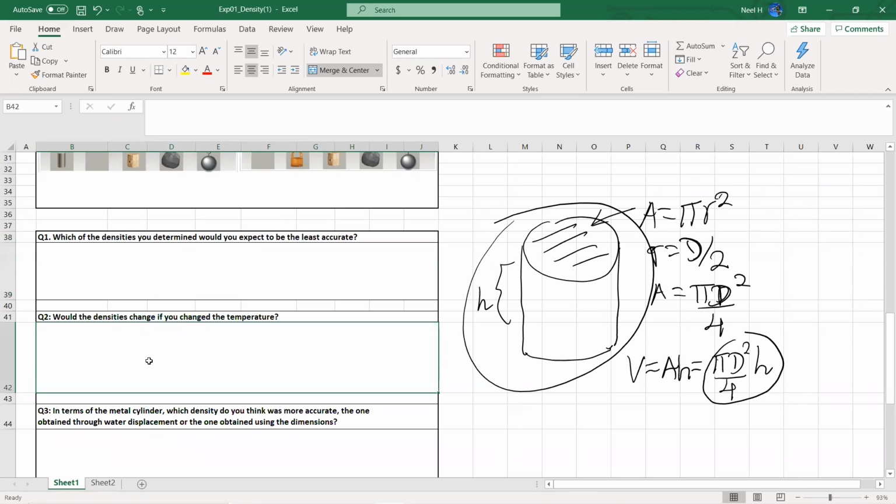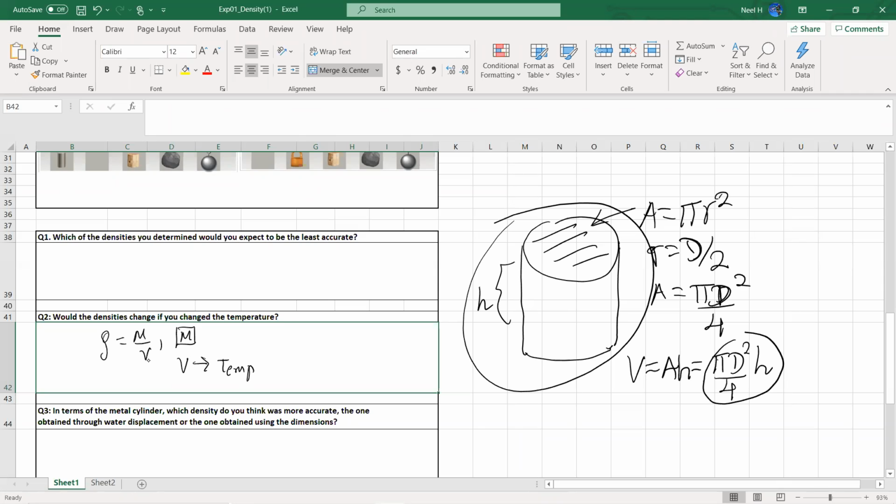And the next question asks, would the density change if the temperature changes? Actually, density is mass over volume. Mass is not sensitive to the temperature; that does not change at all. However, the volume of the object is sensitive to the temperature.